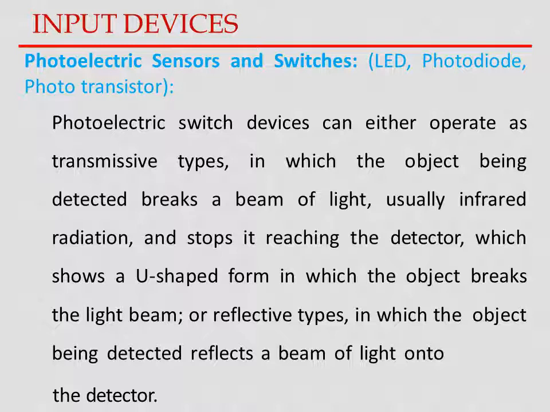The photoelectric switch devices can either operate as the transmittive type, in which the object being detected breaks a beam of light, usually infrared radiation, and stops it reaching the detector, which shows a U-shaped form in which the object breaks the light beam, or reflective types in which the object being detected reflects the beam of light onto the detector.